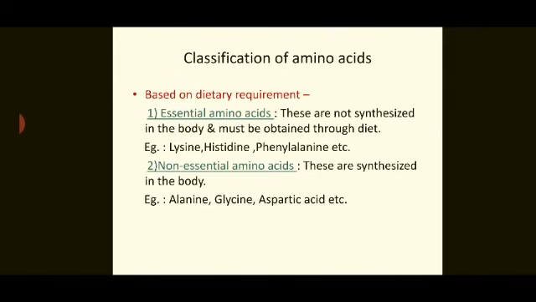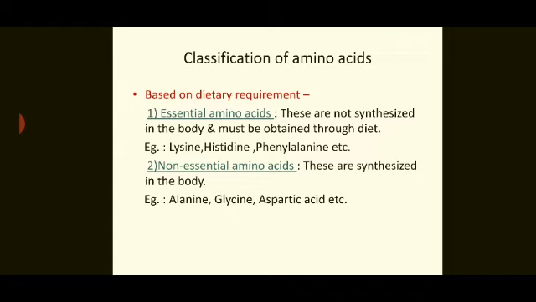One more classification is based on dietary requirement. As we have already seen, proteins are essential, proteins form the basic structure of our body, and these proteins are made up of amino acids.